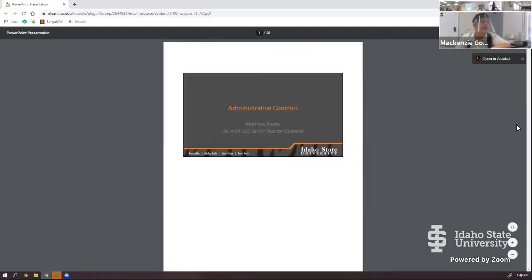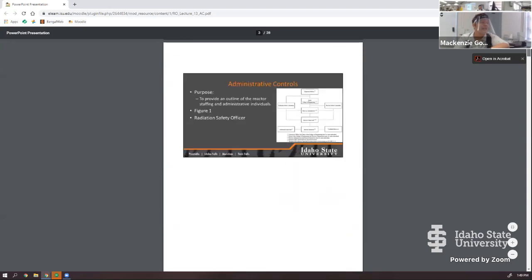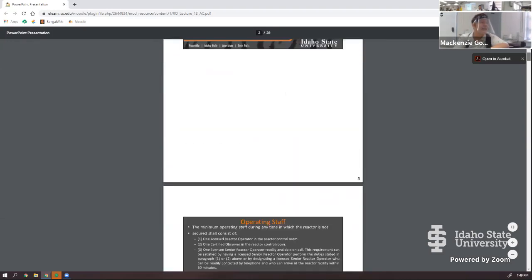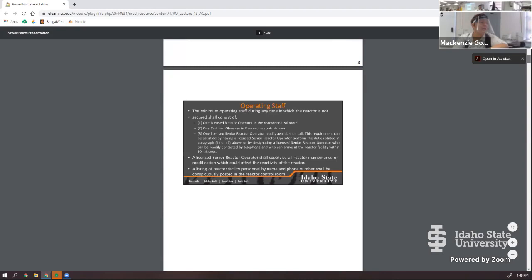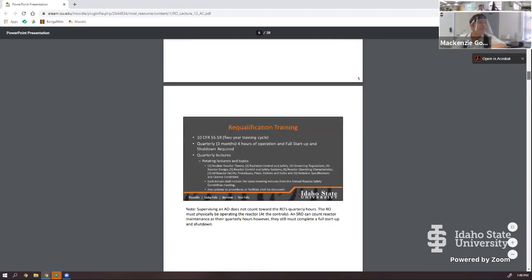And in this presentation on the administrative controls, it really just lists the exact same things from the administrative control section. But there's a couple of little notes pulled from the procedures that are good to know, right? So here, you have to physically be at the controls.